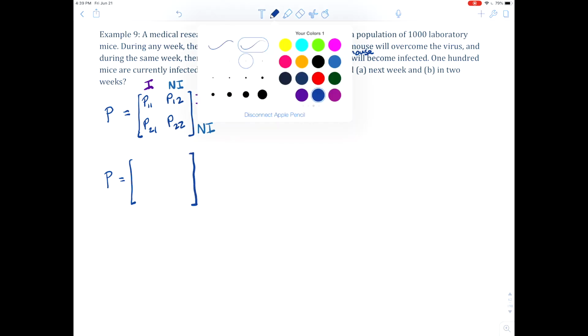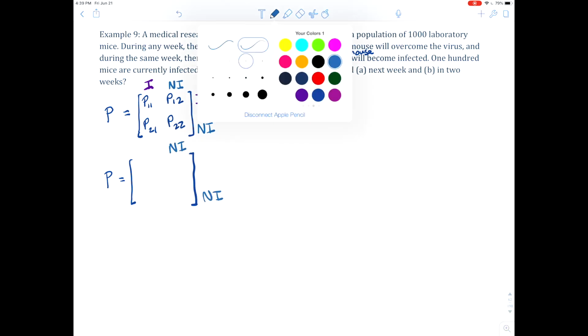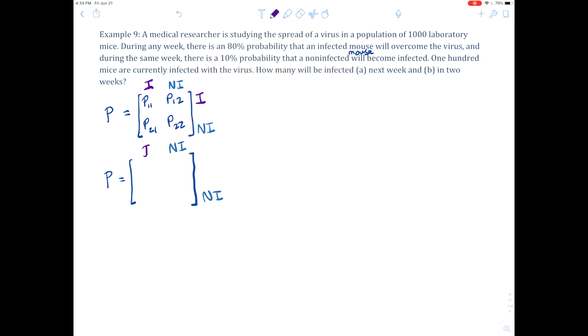So again, I'm going to make our grid so we can keep track. So here we go. During any week, there is an 80% probability that a mouse that starts in the infected state will get well, become non-infected. That's what this first one is saying.